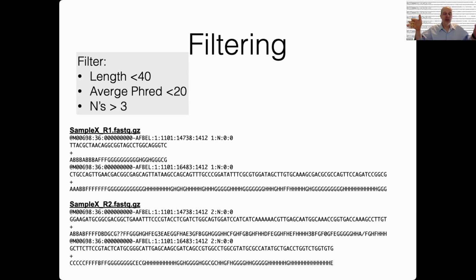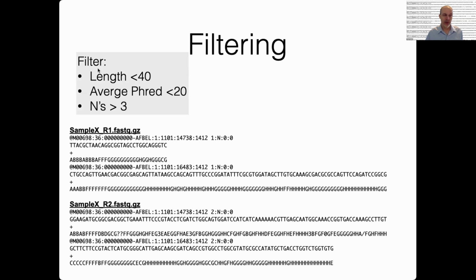So at some point, the sequence is long enough that you have a good chance of uniquely matching at the genome. But if it's too short, not only does it add to the computational complexity, because when you find multiple places, you're doing a lot more work.